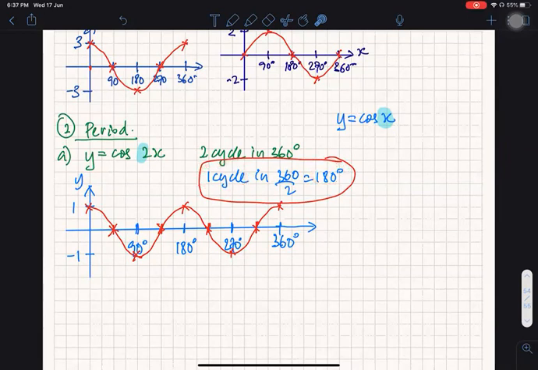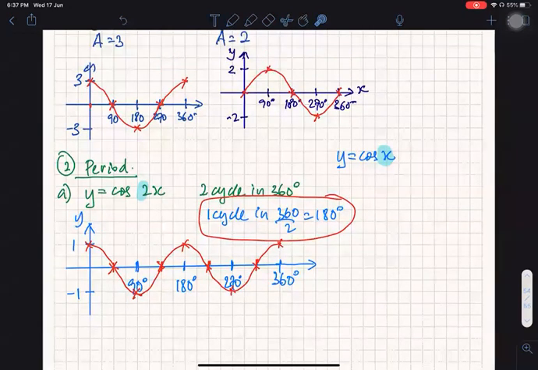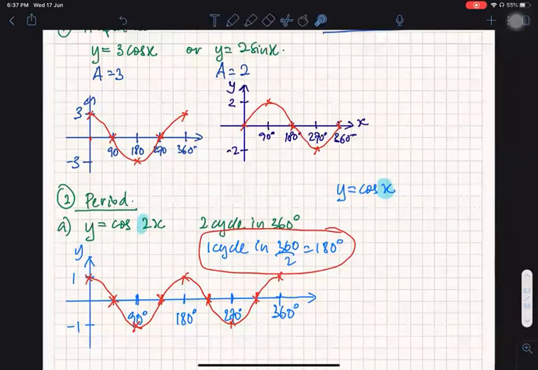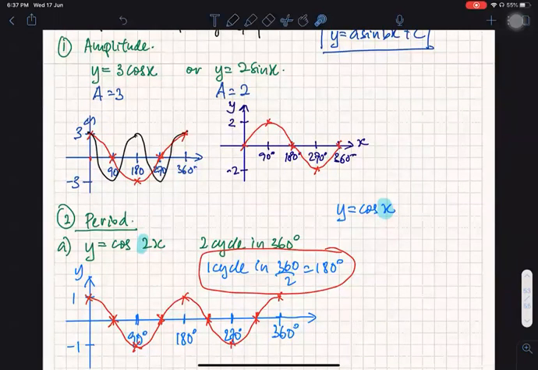So in other words, I'm actually supposed to be doing this. If I were to show you, I'm supposed to be doing this. Can you see this up here? Wait for the screen a bit. Sarah, look up here. Can you see the black color graph? I'm supposed to be squeezing 1 cycle and 2 cycles into 360. Do you understand?